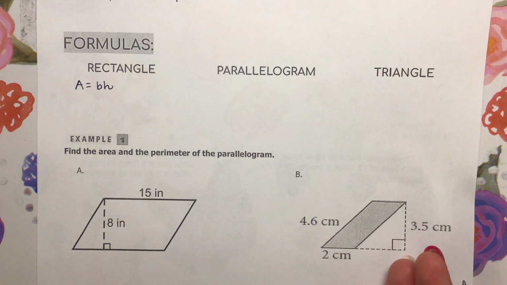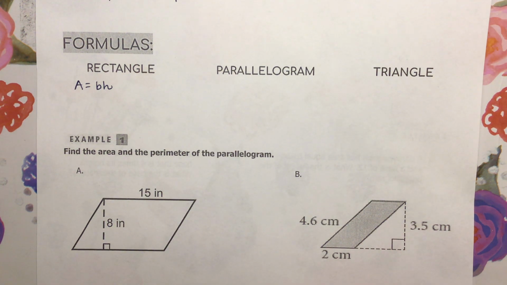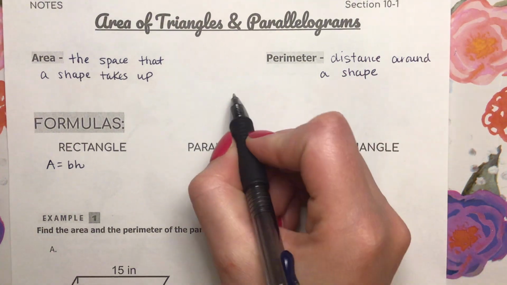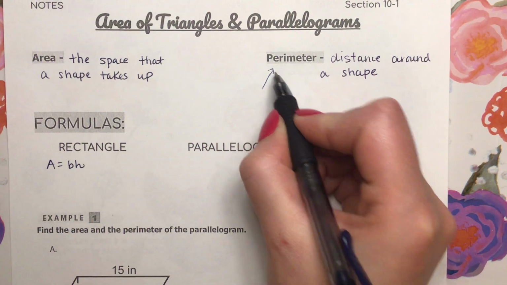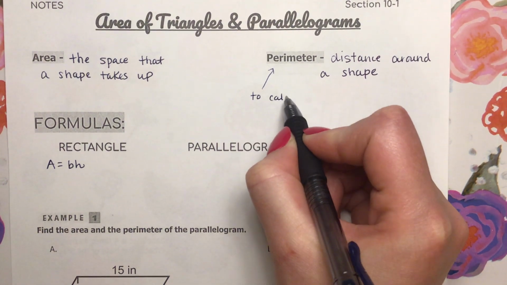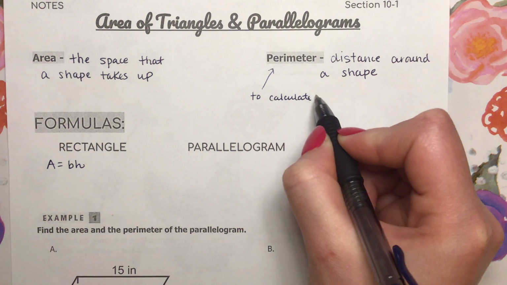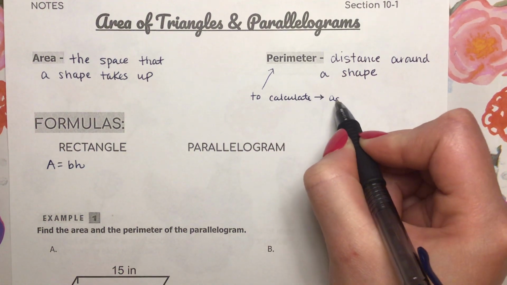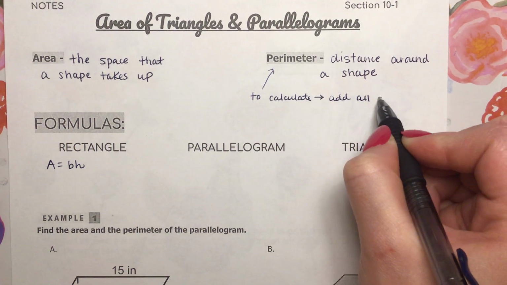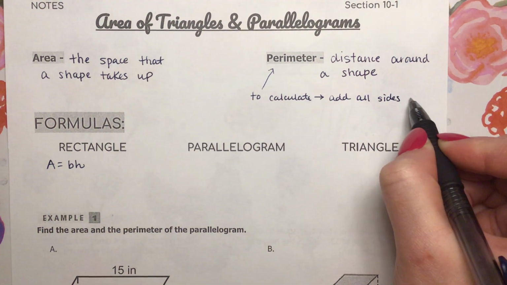The perimeter is just going to be all the sides added up. So you might want to say 2 of the base and 2 of the height or something like that. But perimeter in general is all sides added up. So I think I'll actually put that up here. So I'll just say to calculate, add all sides together.